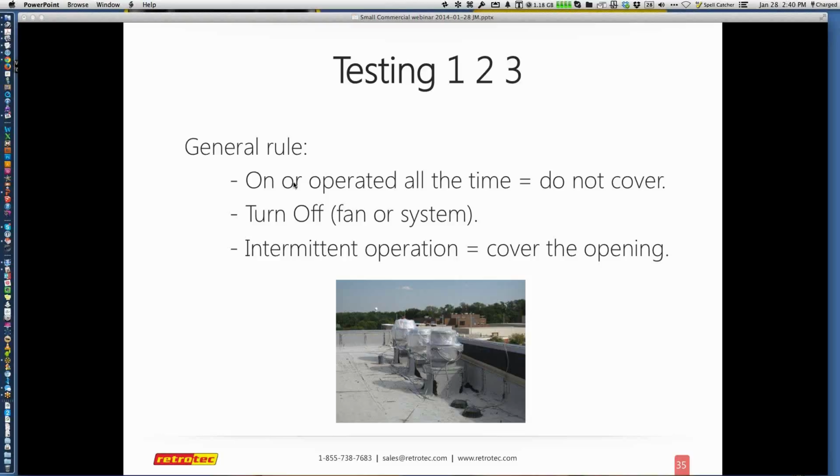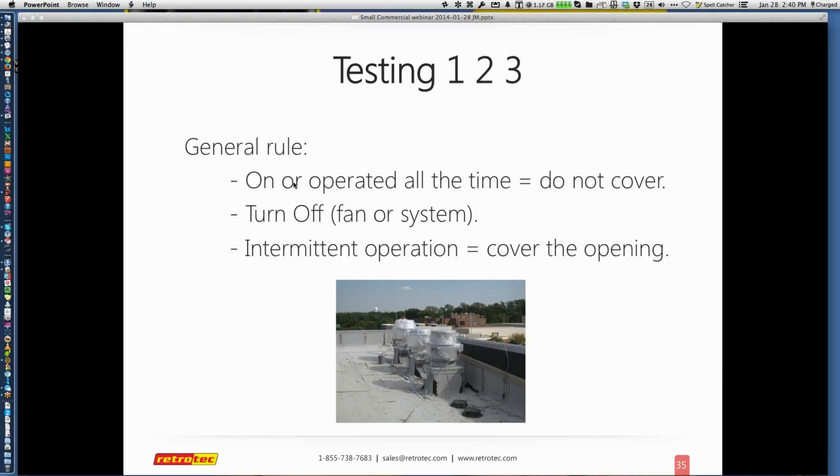Or if it's something that's turned on and off and used intermittently, like a bathroom fan, something that's not constantly on for the majority of its operation time, then I will turn it off, and I can also cover the opening.